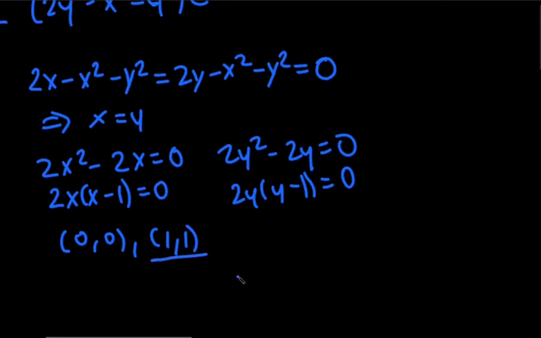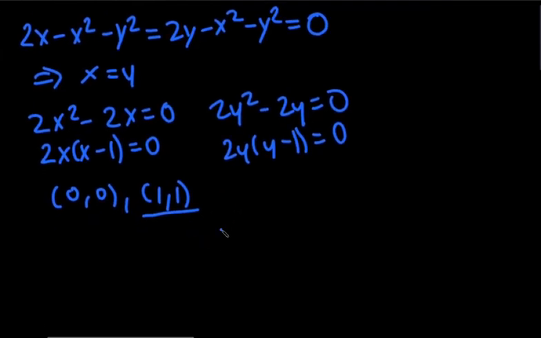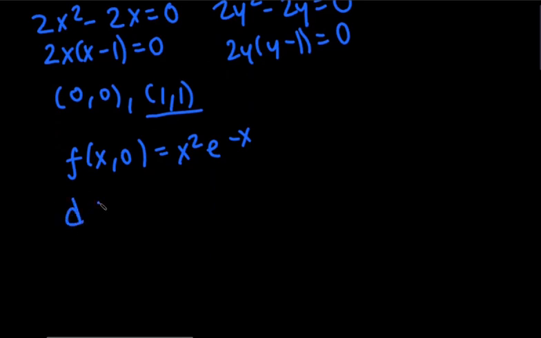So what this means is that, again in the first quadrant, on the x-axis, we have f of x comma 0 equal to x squared e to the minus x. This is just again checking, and we have the derivative of f of x comma 0 with respect to x to be equal to 0. Now when does this happen? This is what we want, right? We want this rate of change on the x-axis to be equal to 0.